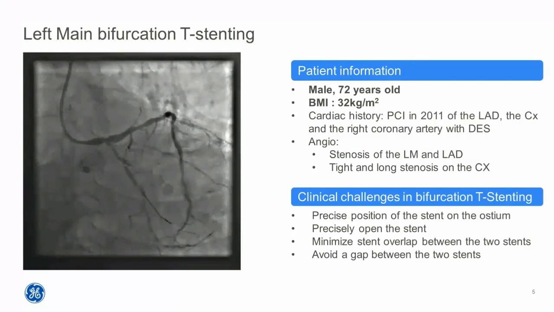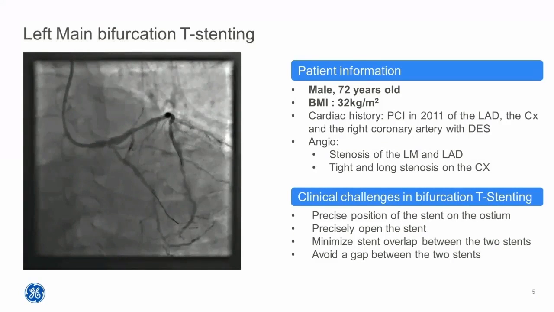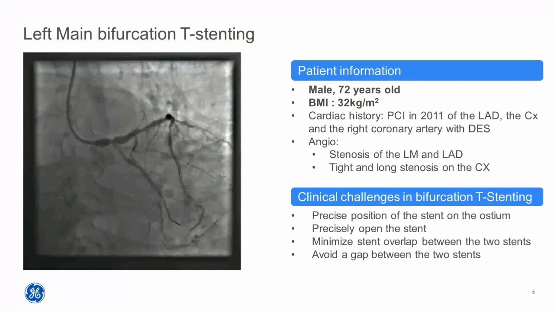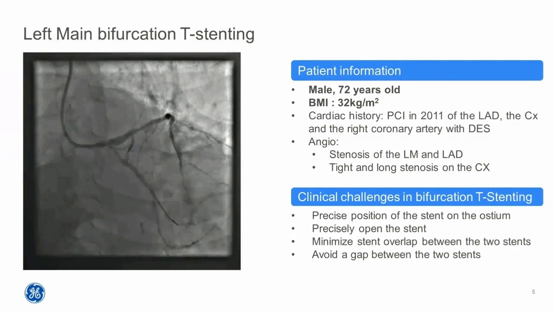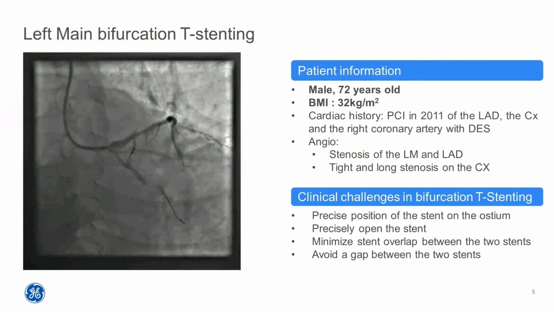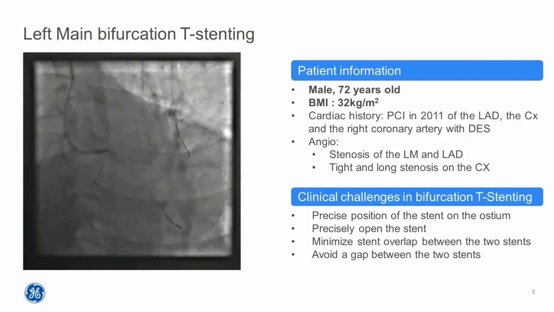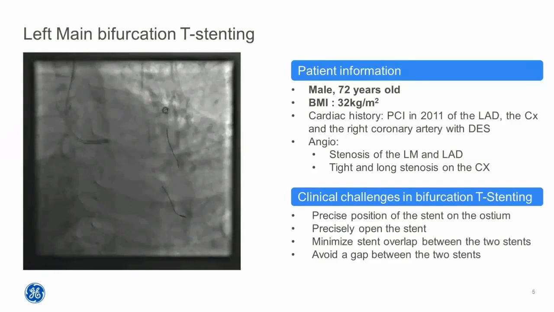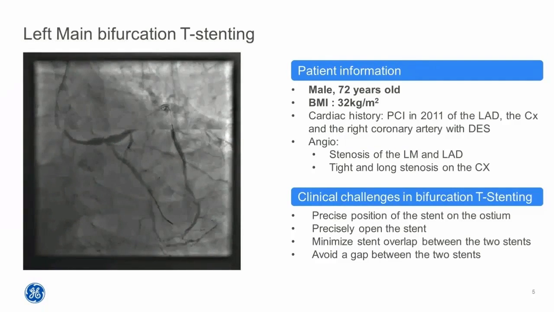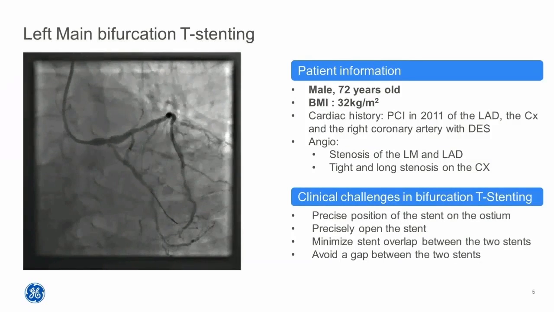So the challenges for this bifurcation lesion will be, first of all, because it is the left main, to well cover the ostium of the left main and to have a good position of the balloon to make a good POT to cover the carina and to optimize the opening of the stent on the proximal part of the bifurcation, and also to take the good strut to do the kissing balloon, and then to optimize the positioning of the second stent in the side branch to do T or TAP stenting.